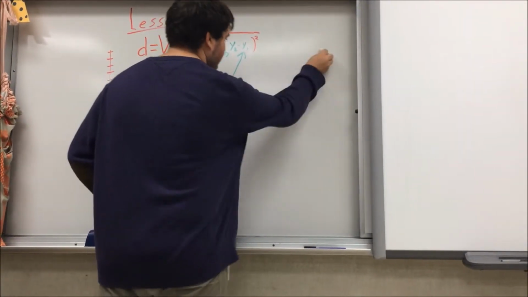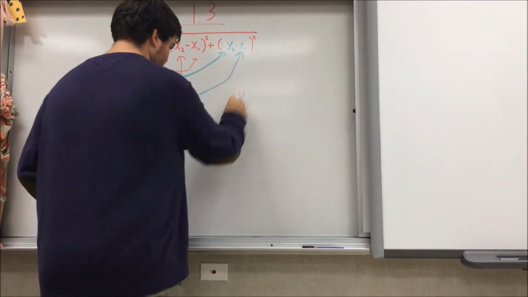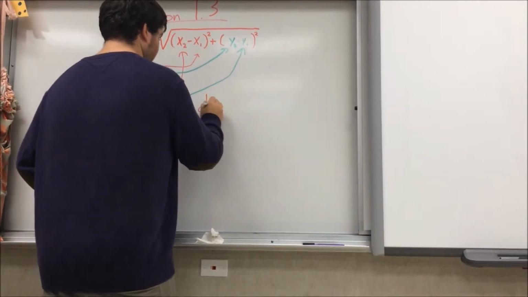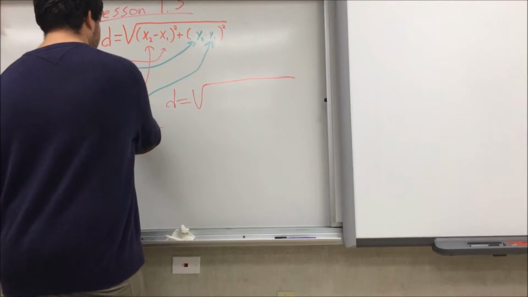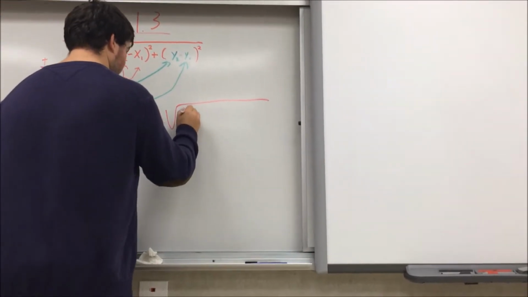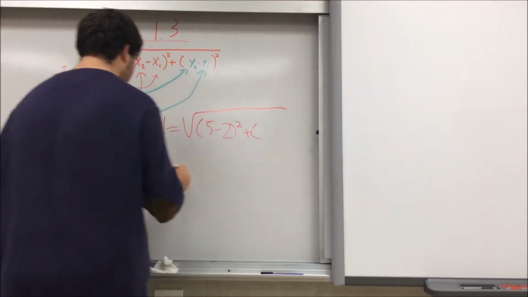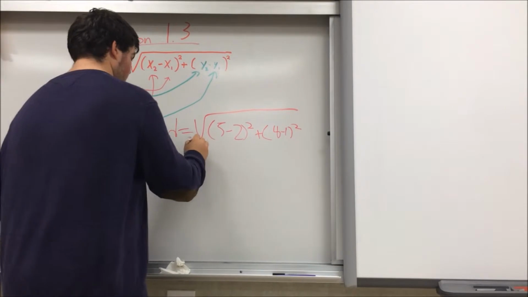So, distance equals the square root of (5 minus 2) squared plus (4 minus 1) squared.